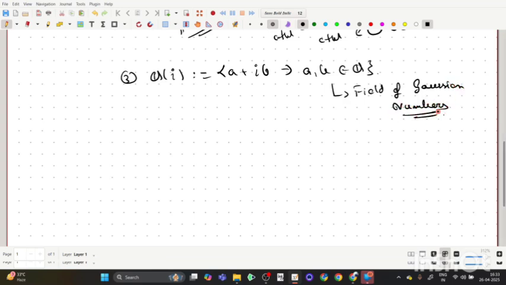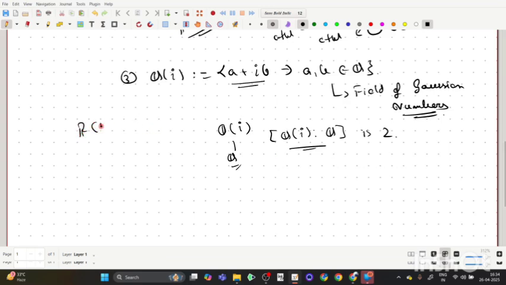You can immediately observe that Q(i) is a field extension of Q, and in fact the degree of extension is 2, because every element is a linear combination of 1 and i, where the coefficients come from Q. And 1 and i are obviously linearly independent, which follows from the equality of complex numbers. For example, R(i) is basically C, if you define it in the same way as we define Q(i).